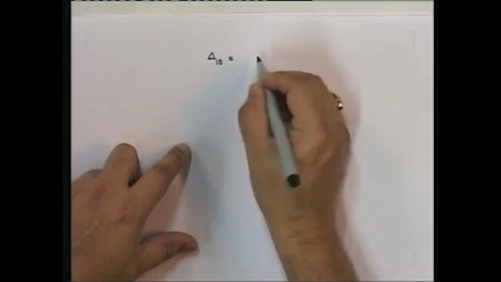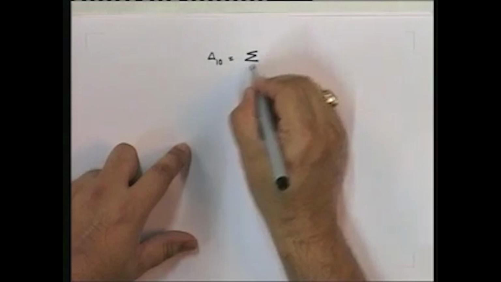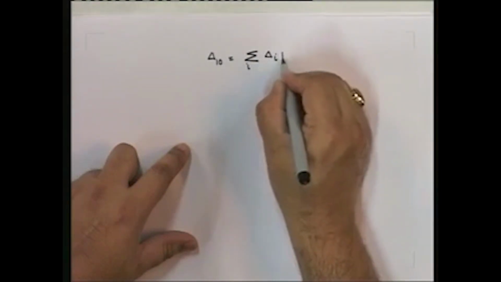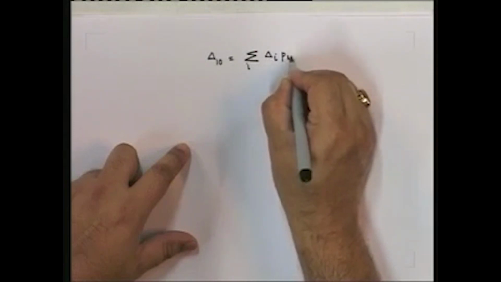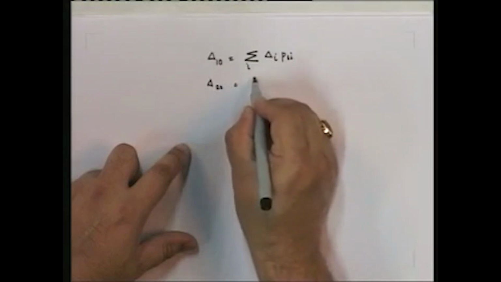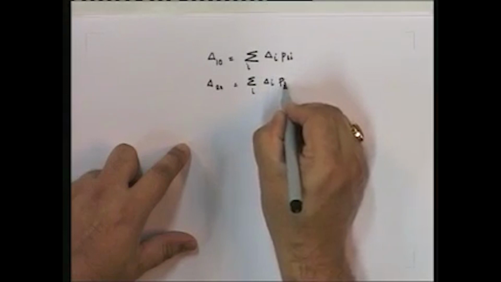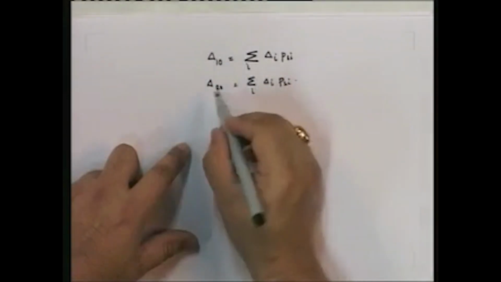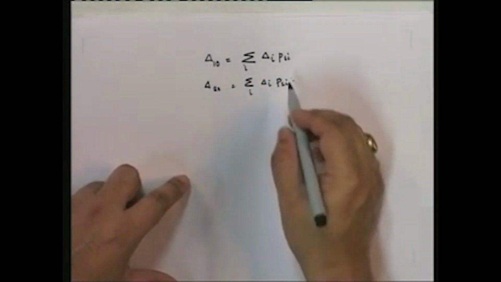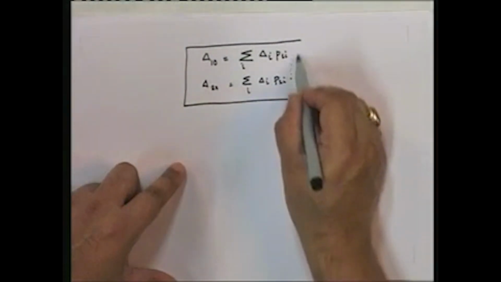Delta 1,0 is equal to summation over all the members of delta i into P1i, and delta 2,0 is equal to summation of delta i into P2i. These come from your virtual force equations. I don't want to go into that all over again. This is the only difference.